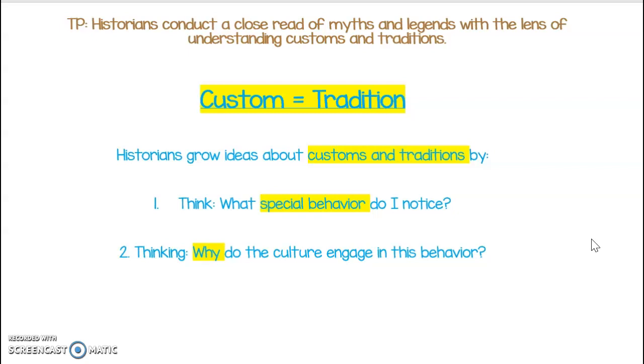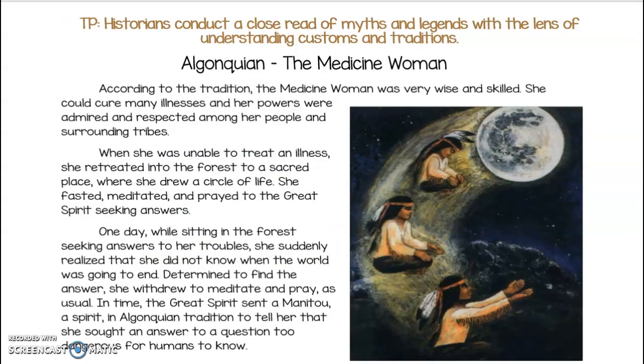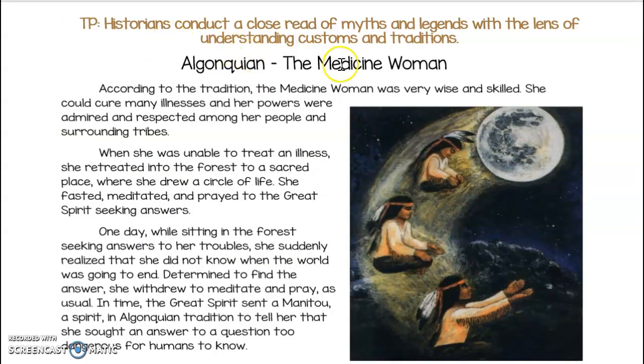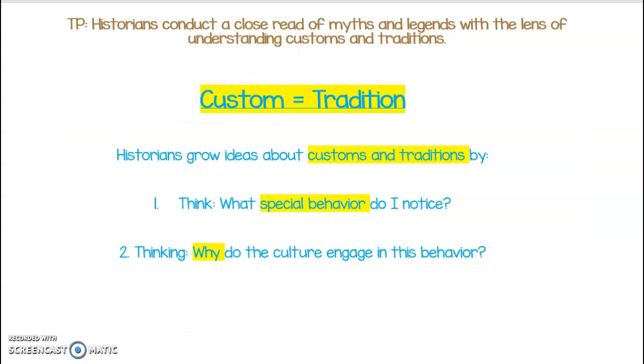For each close read, I'm going to keep one question in mind, and I'm going to show you what I mean. The first time I'm rereading the Medicine Woman, I'm going to keep this question in mind: what special behavior do I notice? I'm specifically looking for the special behavior that the Algonquin story has, okay? So what special behavior do I notice?